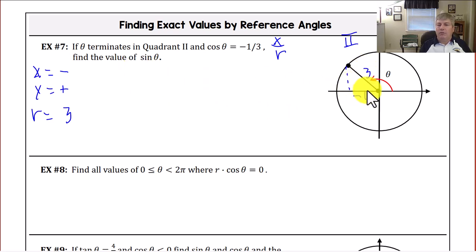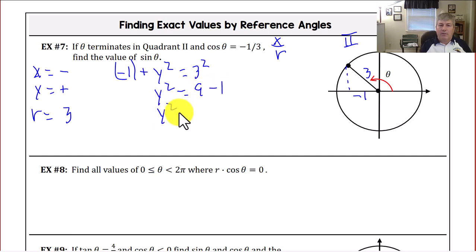So we can do the Pythagorean theorem to find our y value, and then we can find the sine of theta. We know that x squared plus y squared equals r squared. So y squared equals 3 minus 1, so y squared equals 2, and y equals the square root of 2, and that's going to be a positive square root of 2.